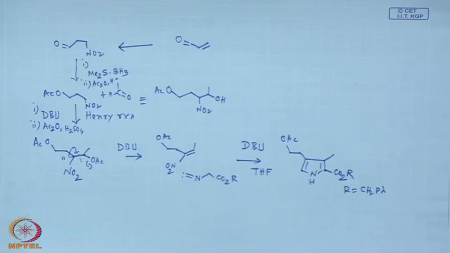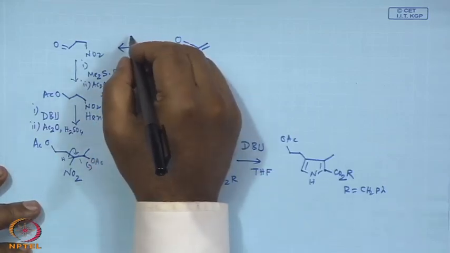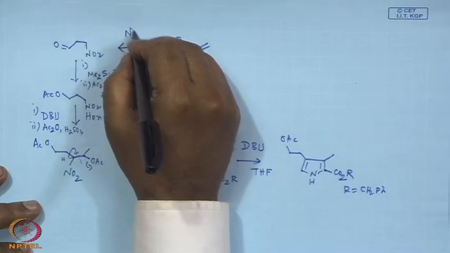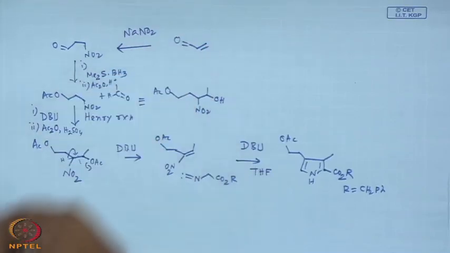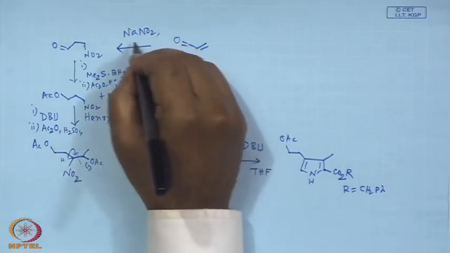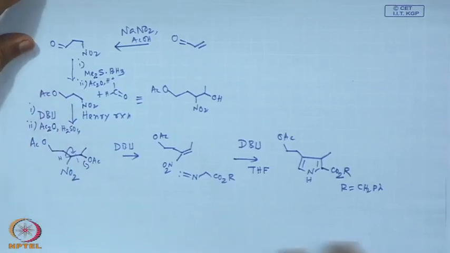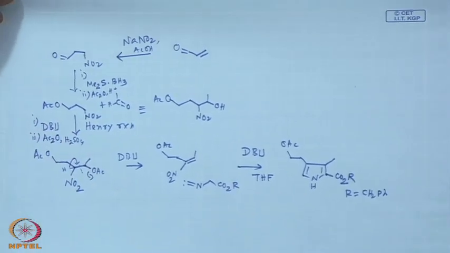The only thing you have to do is a little bit of Michael addition, where nitro, NO2 minus, would be serving as the Michael donor. You will not believe the reaction is so simple. You take sodium nitrite and acetic acid, nothing else. The reaction is very simple. That means sodium nitrite also can undergo Michael addition to acrolein.